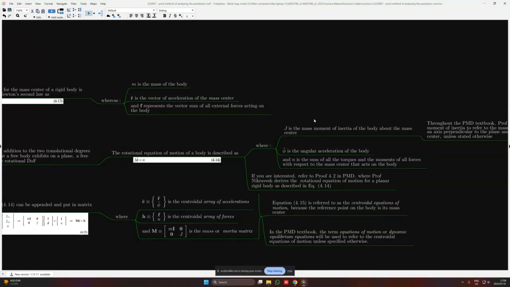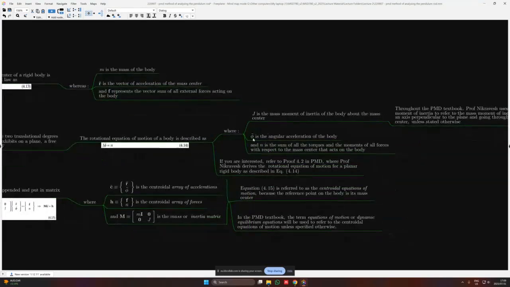So whenever you use those formulas, just make sure that you're using the formula that is about the mass center of the system. Then phi double dot is the angular acceleration of the body, and N is the sum of all the torques and the moments of all forces with respect to the mass center that acts on the body.